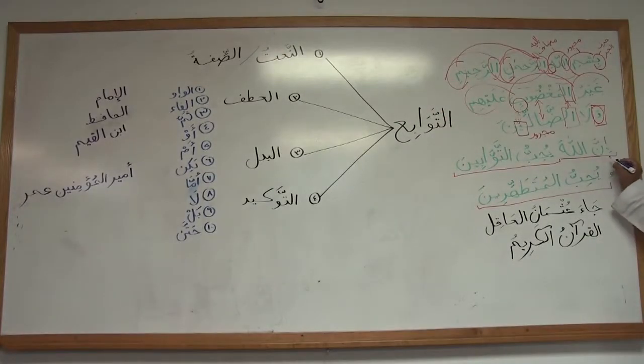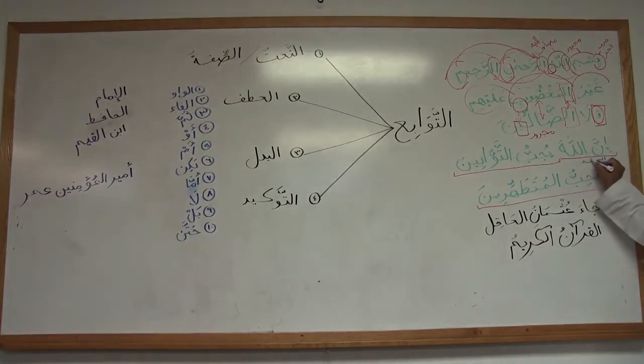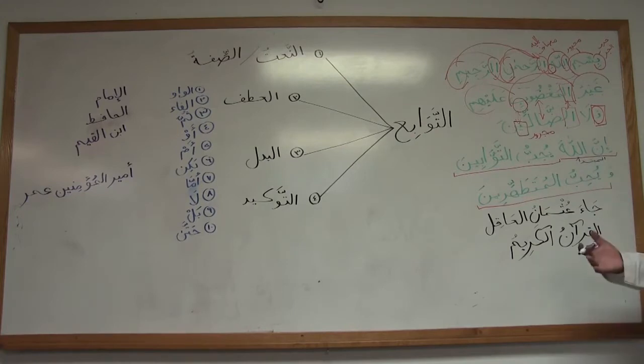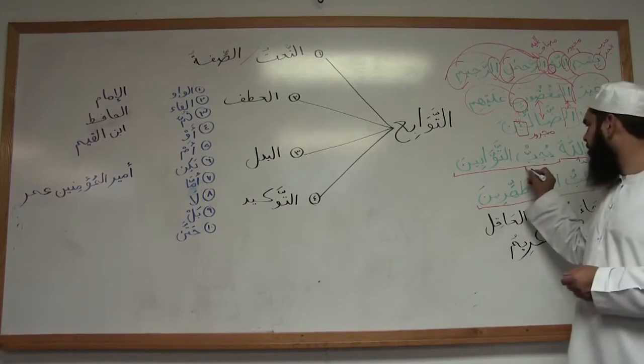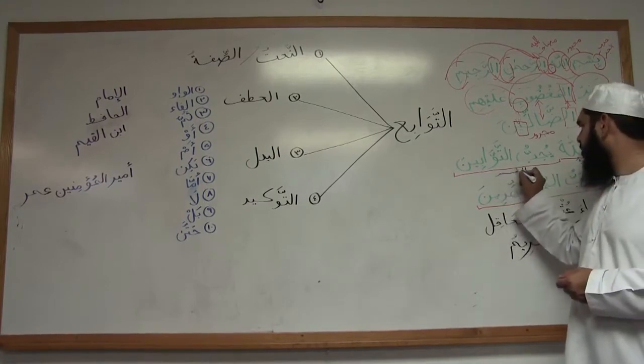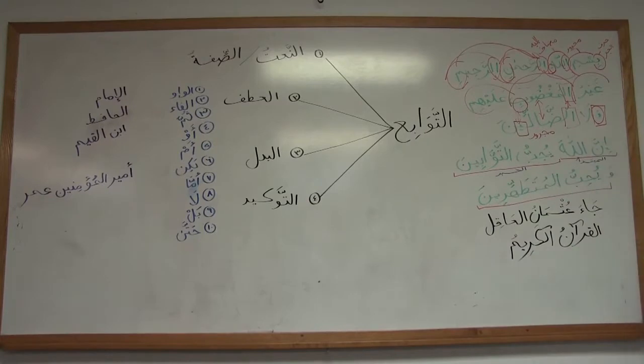Excellent. So this is actually your mubtada, right? What type of jumla? We have jumla ismiya. And where's your khabar? This is your khabar, يحب التوابين.